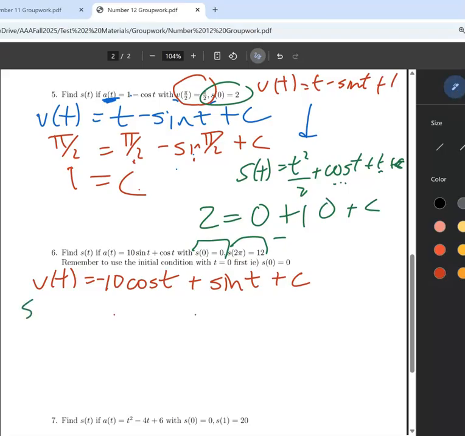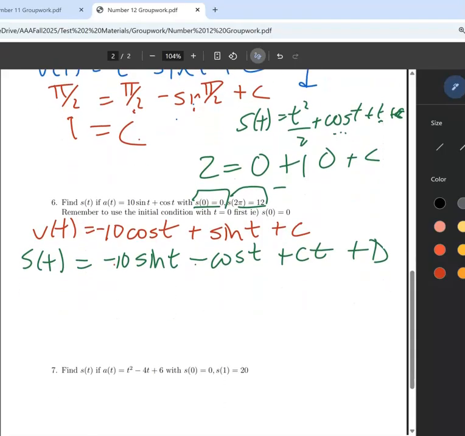Okay, when you take the antiderivative again, and you have to, because they don't give you anything about the velocity, you get negative 10 sine of t minus cosine of t plus ct, and then you have to put a different letter there, d. I'm going to always suggest you use this one first.